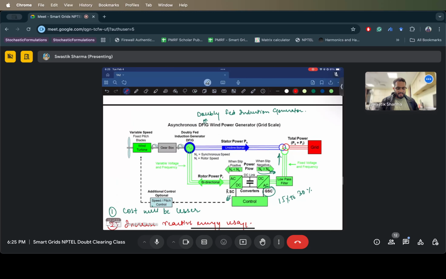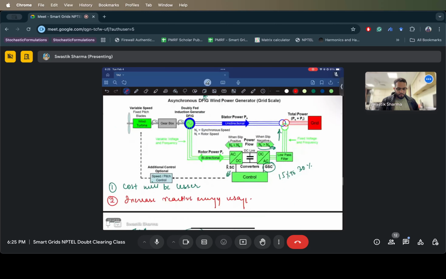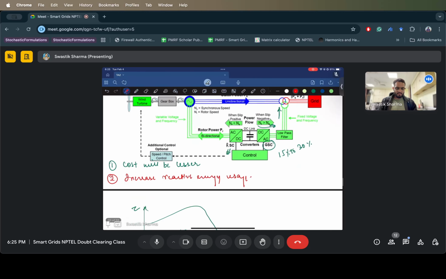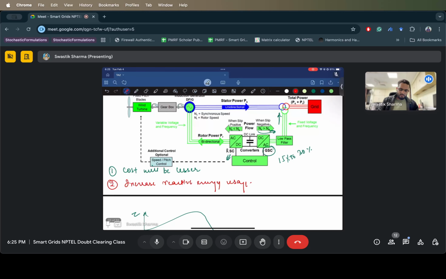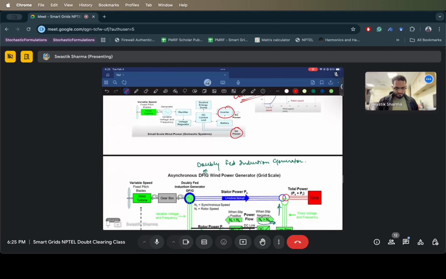That is not the case with synchronous generators. Synchronous generators either use a permanent magnet synchronous motor, or they have a DC field excitation system, which does not require any reactive power. So they only come with one downside, which is an increase in reactive energy usage. But still, the benefits outweigh the disadvantages, and the usage is very much being explored.